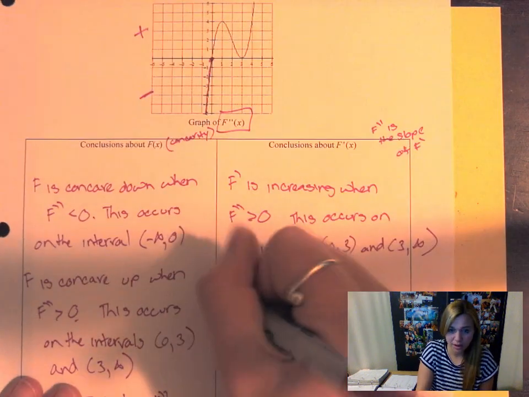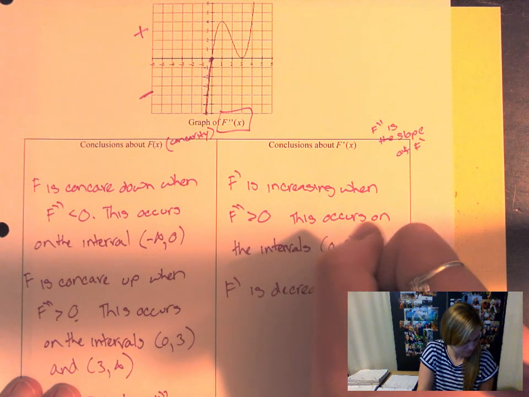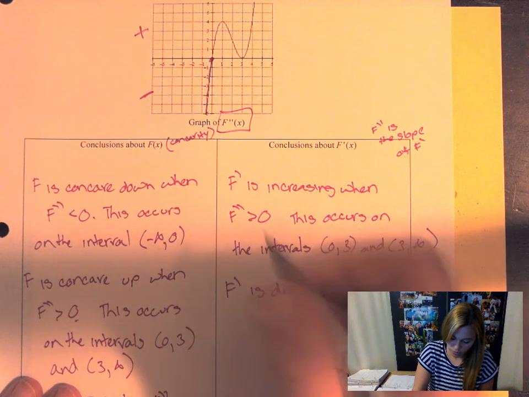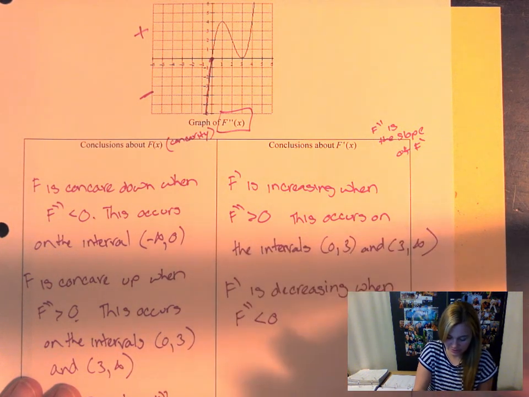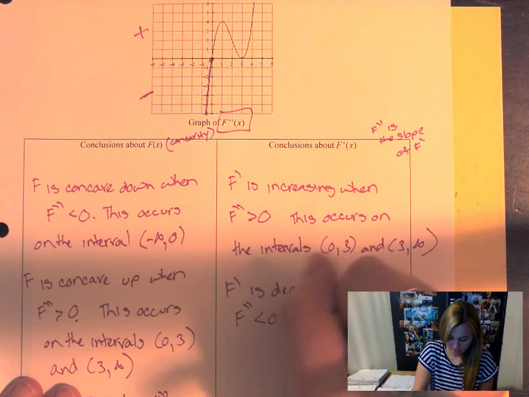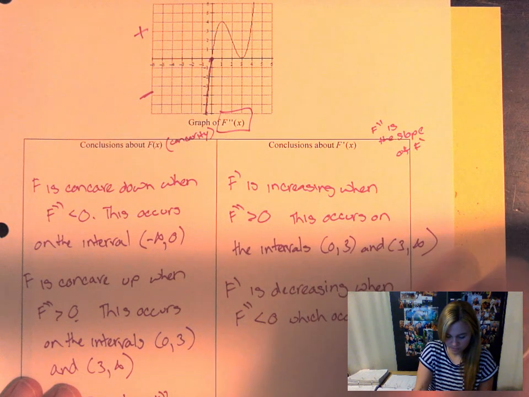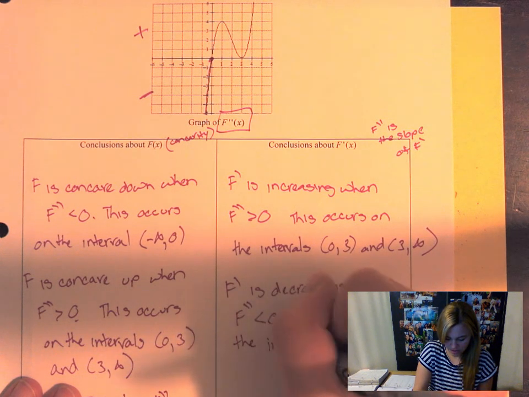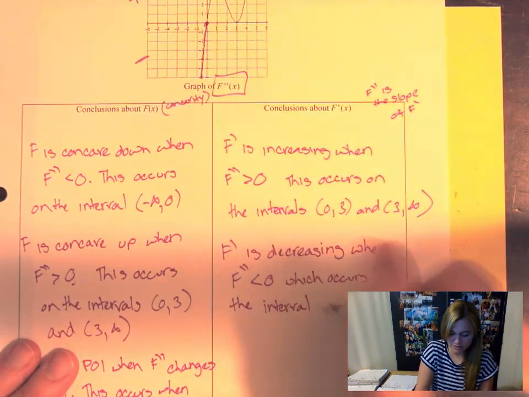Keep going. f prime is decreasing when f double prime is less than 0, I'm so sorry, which occurs on the interval. I'm looking under the x-axis, so I'm thinking from negative infinity to 0.